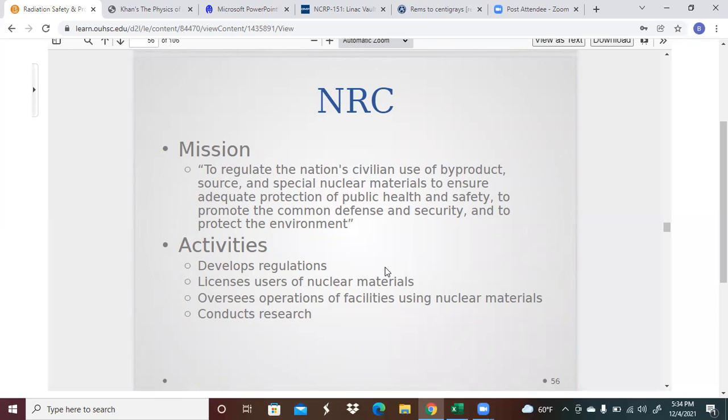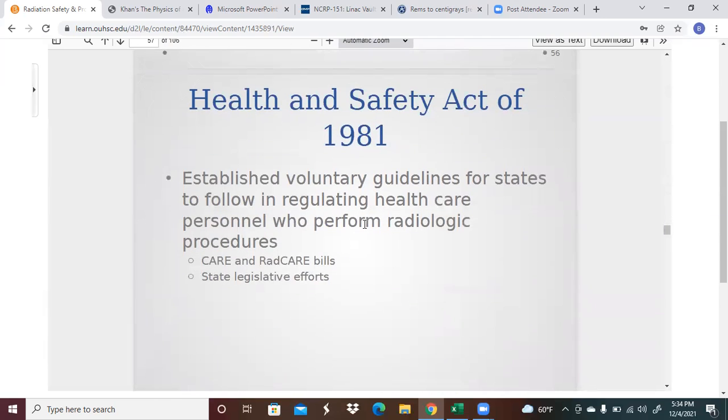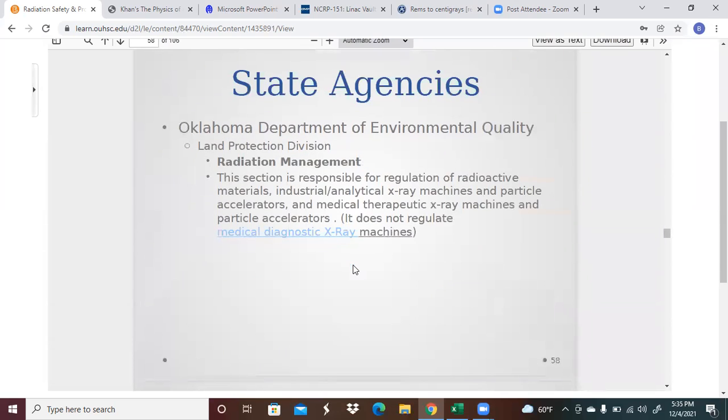So it develops regulations, licenses users of nuclear materials, oversees operations of facilities using nuclear materials, and does conduct research. The Health and Safety Act of 1981 established voluntary guidelines for states to follow in regulating healthcare personnel who perform radiologic procedures.